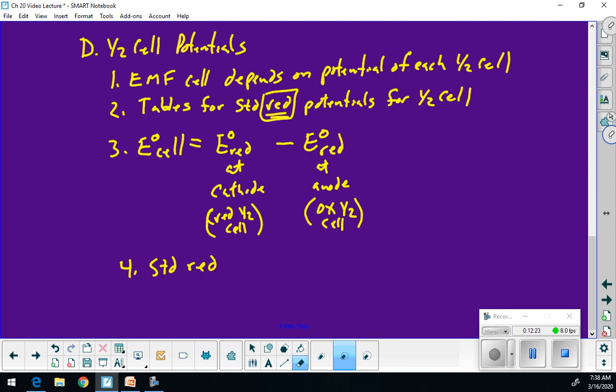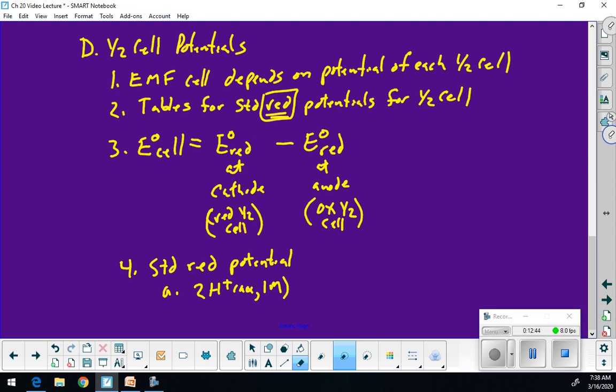The standard half cell reduction potential is based on hydrogen. And so the hydrogen would be what? 2H plus aqueous, 1 molar, right?